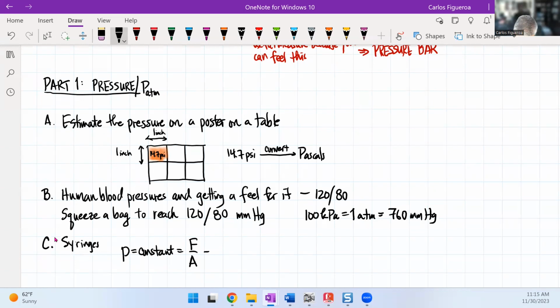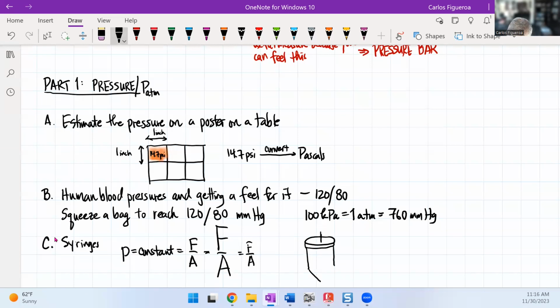So in other words, if I increase the area or if I decrease the area, then the forces have to behave similarly.